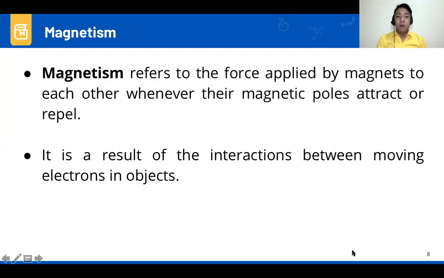The first one is magnetism. Magnetism refers to the force applied by magnets to each other whenever their magnetic poles attract or repel.